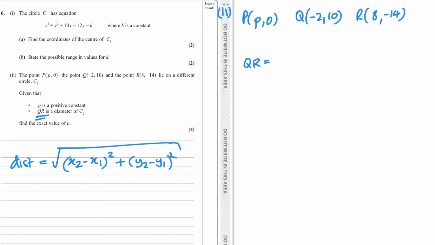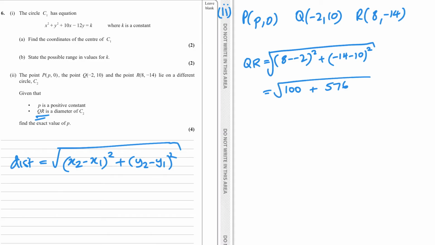So if I look at the difference in my x's, I've got 8 minus 2 squared plus minus 14 minus 10 squared, and then I'm going to take the square root of that. So 8 plus 2 is 10, 10 squared is 100, and minus 14 minus 10 is minus 24, and that squared is 576.